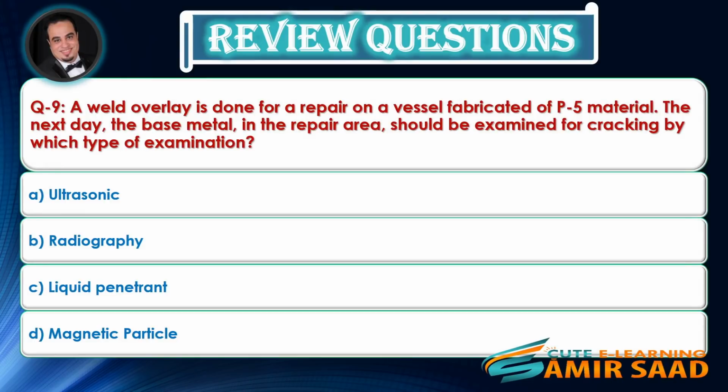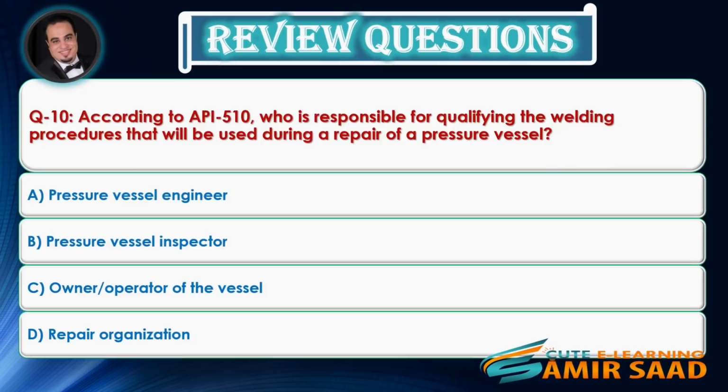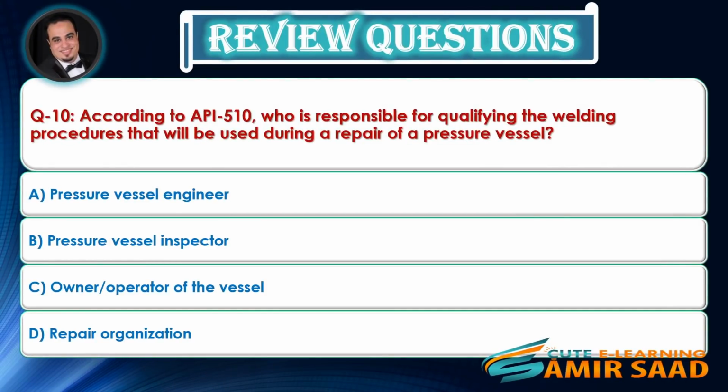Question number 9. A weld overlay is done for a repair on a vessel fabricated of P5 material. The next day, the base metal in the repair area should be examined for cracking by which type of examination? Answer is A. Question number 10.